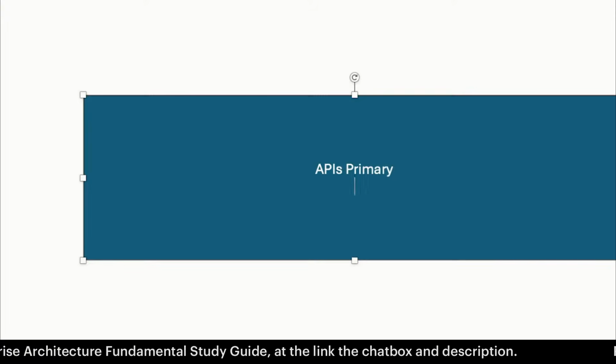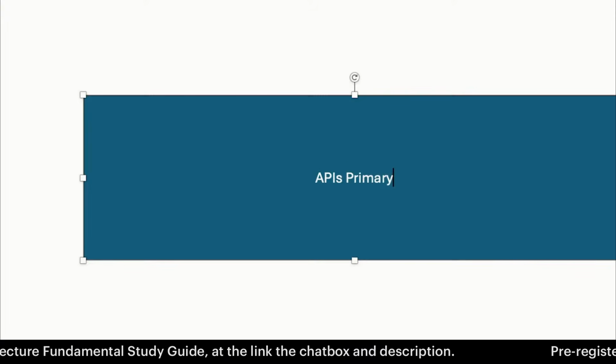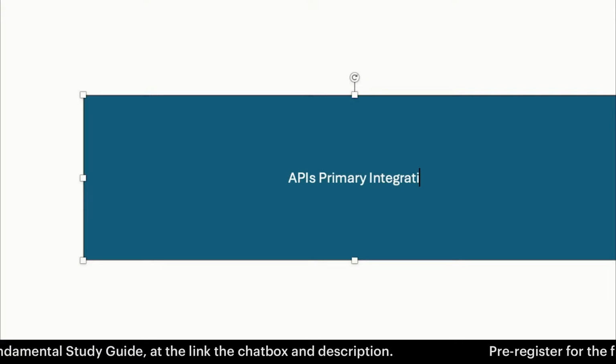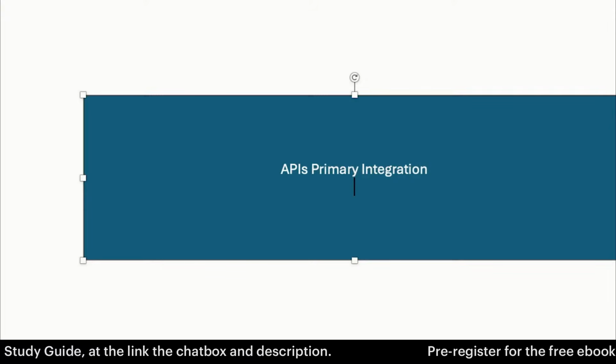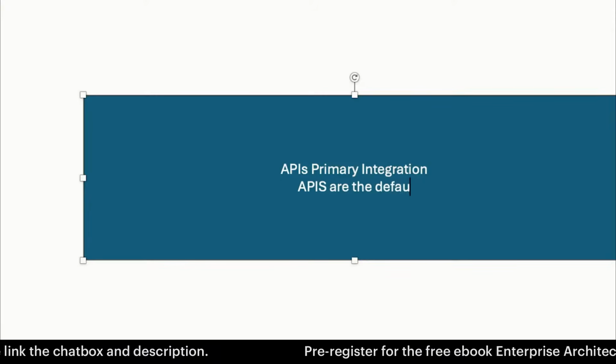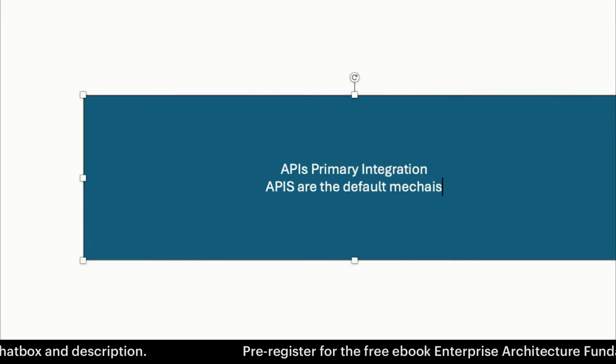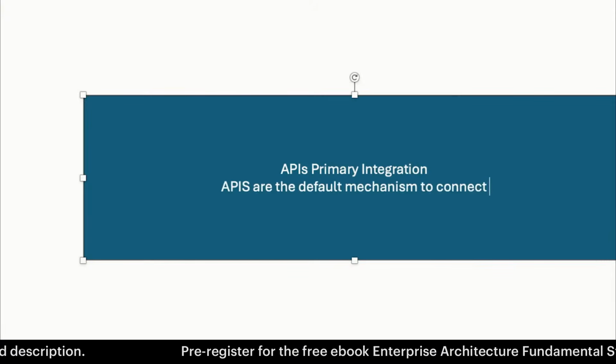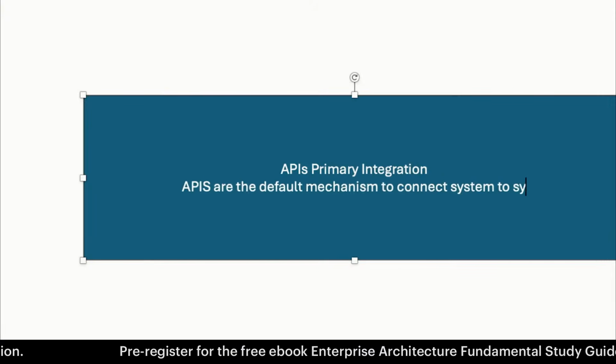Let's call it primary integration. And then for this statement we can say, APIs are the default mechanism to connect system to system.